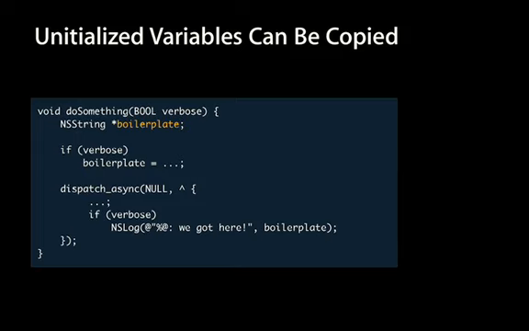I saw this once and thought it was worth telling you about. In this case, we're trying to build a smart kind of logging function, and only sometimes do we use this boilerplate method, or boilerplate object. But when the block that uses it gets copied, the runtime doesn't know that you're not going to use it sometimes.